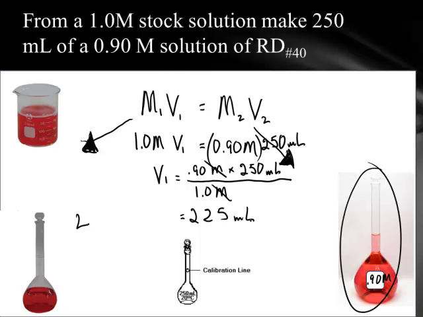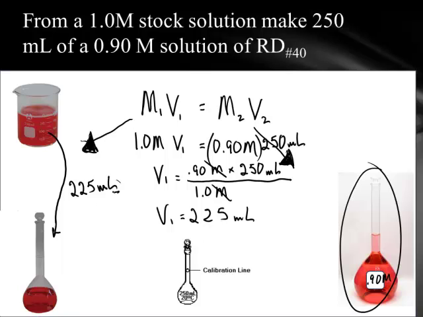So what does this mean? This means that V1, 225 milliliters, I am going to take to make this solution. I'm going to take 225 milliliters of my stock solution.